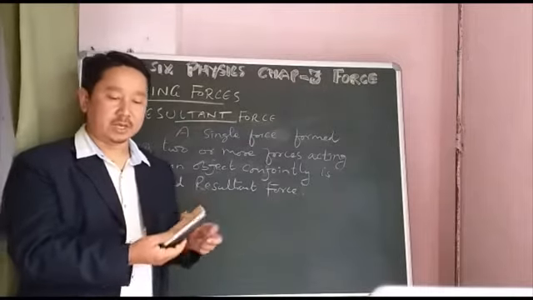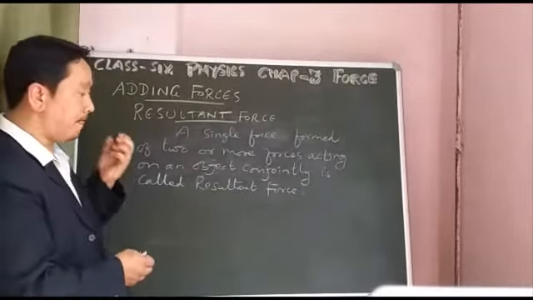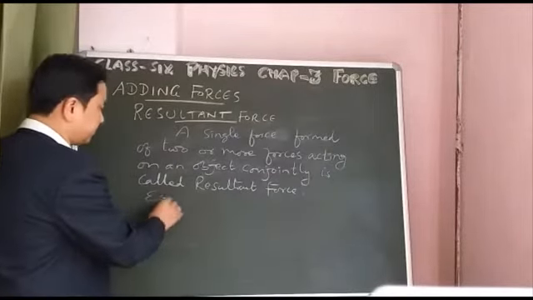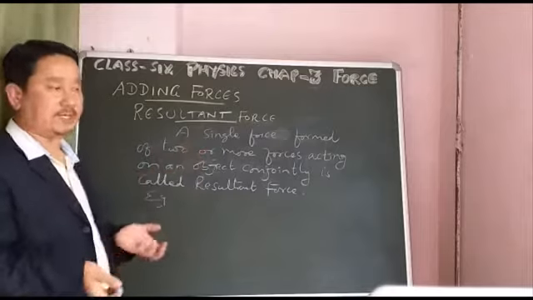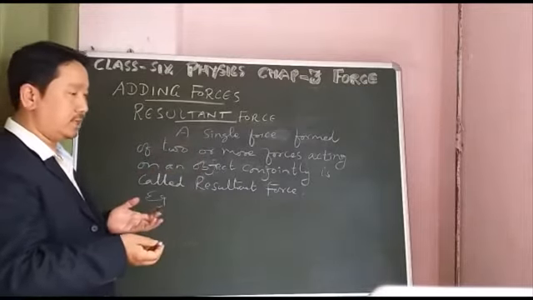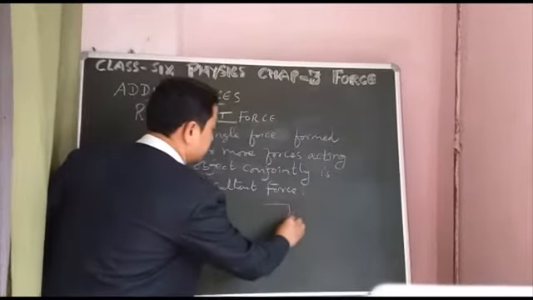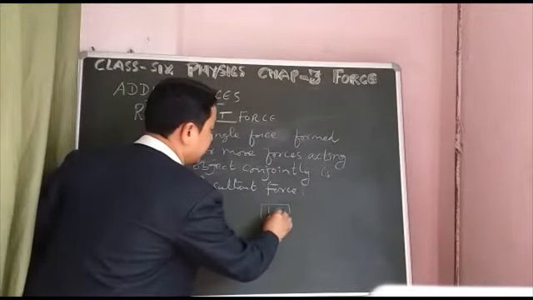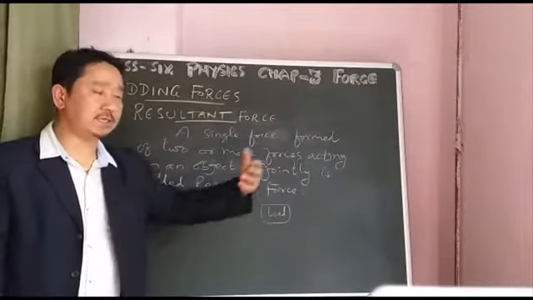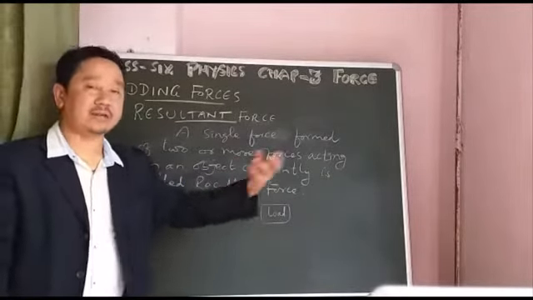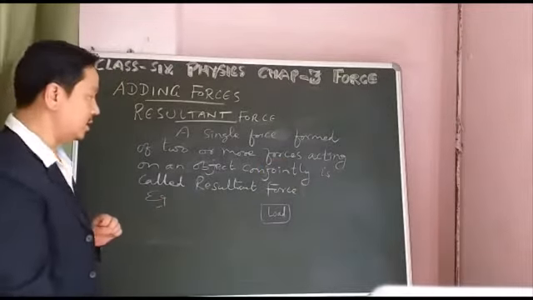All right. For example, you see, let us say something has to be lifted. Okay, or one object is there. Suppose there is a load. This load has to be shifted a little far, somewhere. All right.